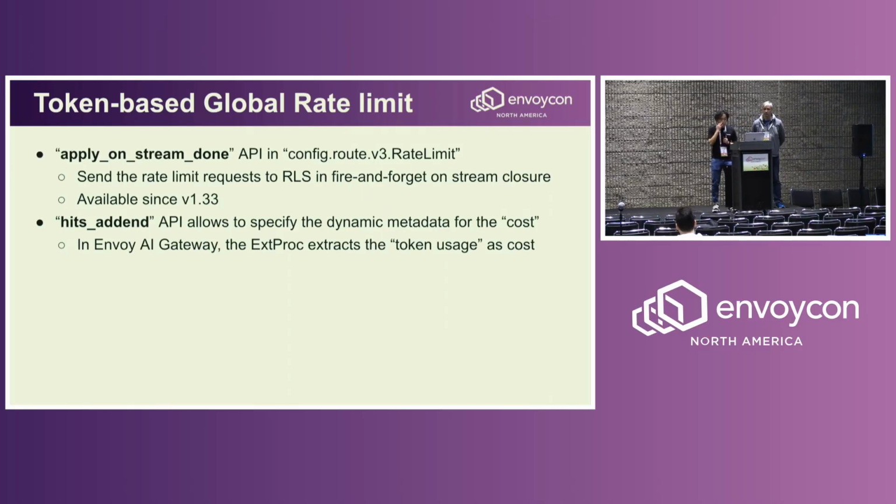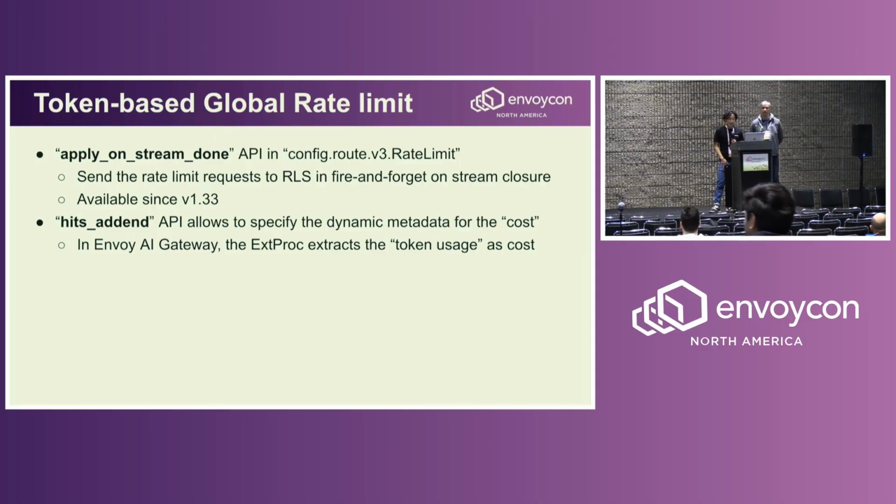The thing is, we have a new API. I have implemented this in Envoy upstream, which is called apply on stream done flag, which is a Boolean. When it is enabled, Envoy will talk to the rate limit service on the stream closure. In addition to this flag, we are using the hits addend API, which is, of course, not a new one. But you can specify dynamic metadata to specify how much you want to reduce from the counter.